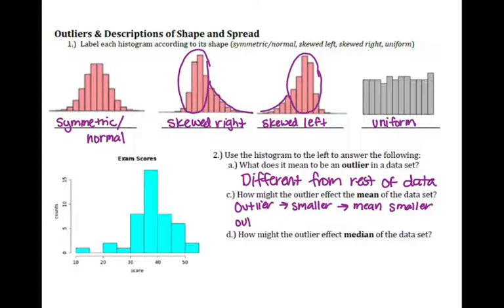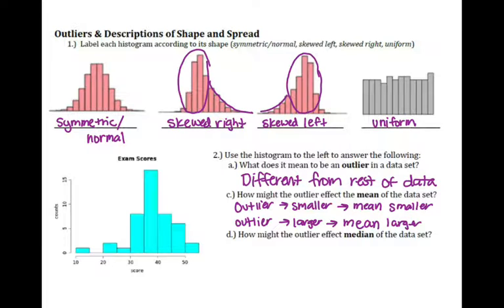And vice versa, if your outlier is larger than your data set, then that's going to make the mean larger. So it's going to pull the mean in that particular direction.